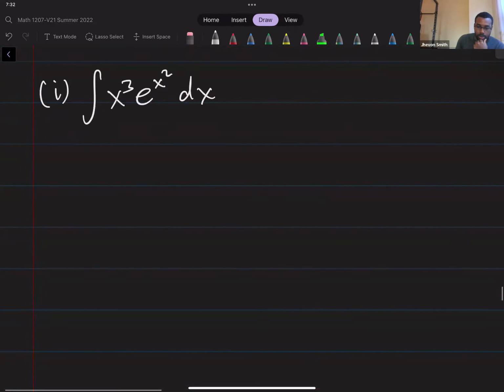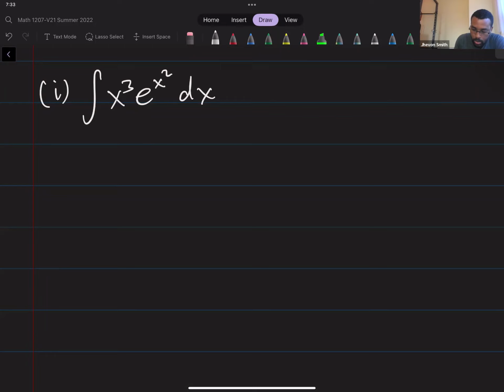What about this one? You could do something similar, and you will get... When you solve for your substitution?